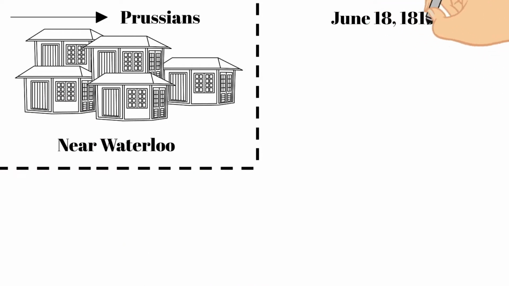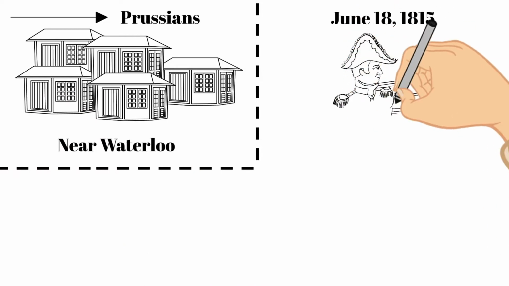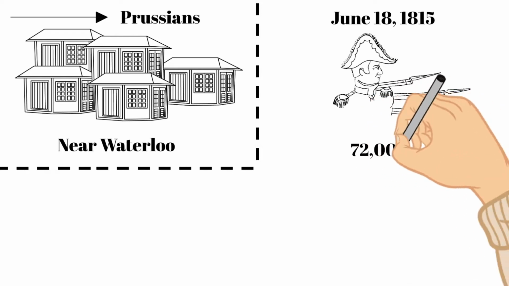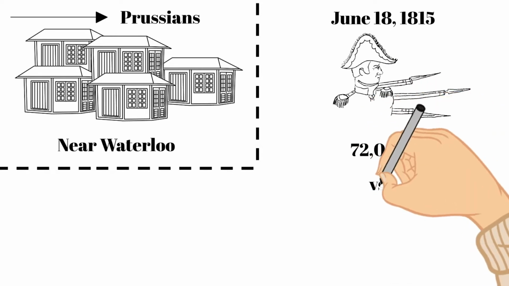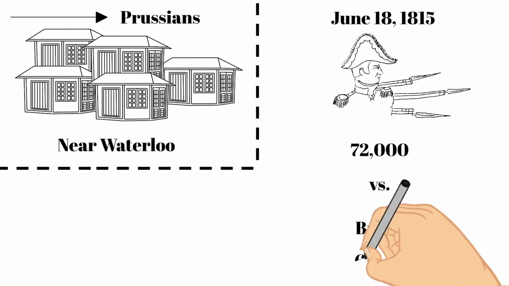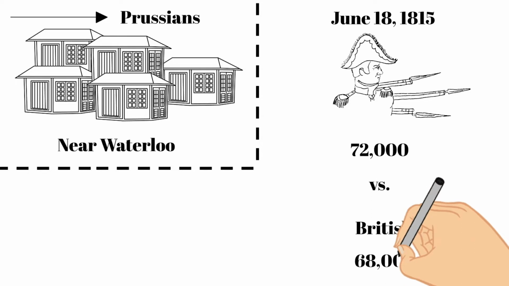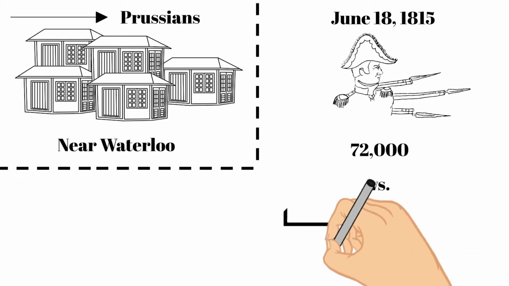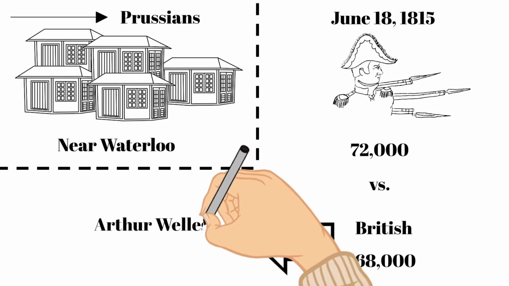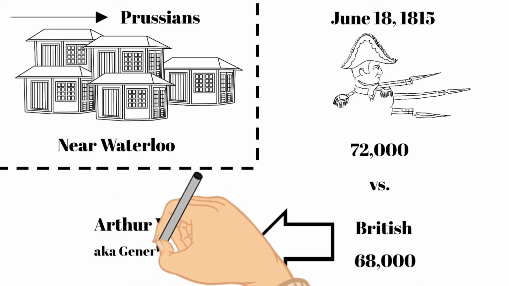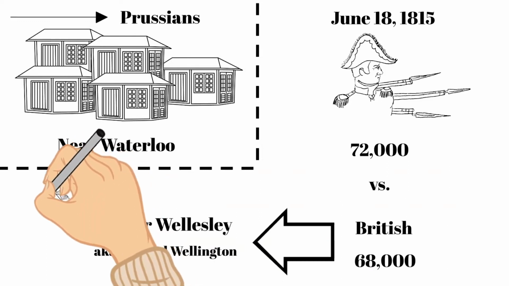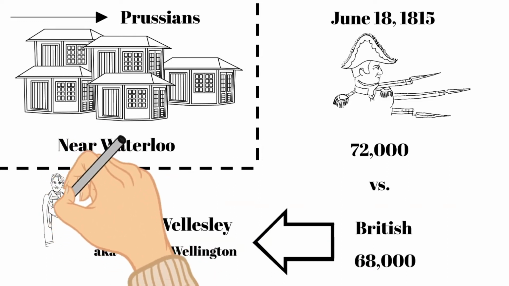Two days later, on June 18, 1815, Napoleon would lead his army of 72,000 troops against the British army, who had around 68,000 troops. The British army was led by a man named Arthur Wellesley, who was the Duke of Wellington and is known as General Wellington.